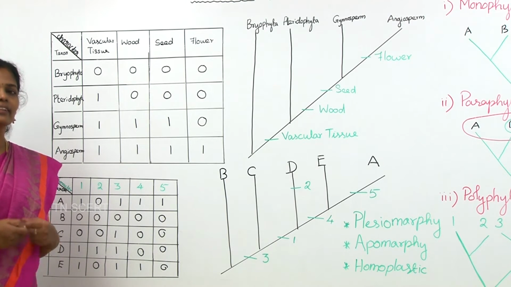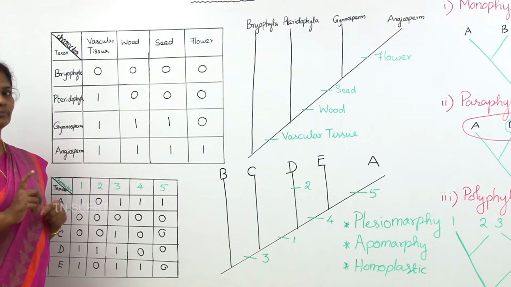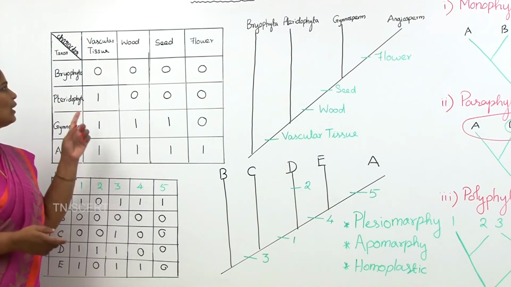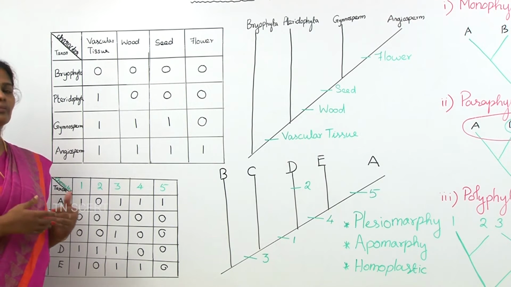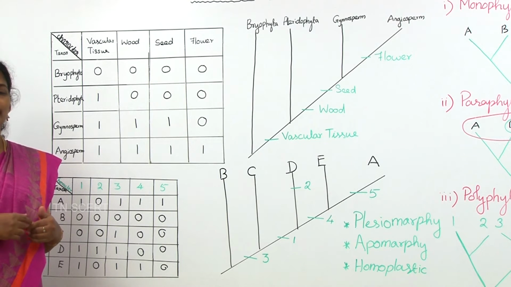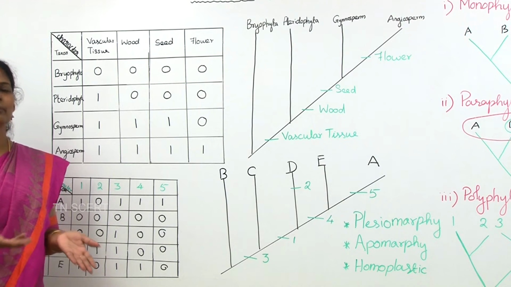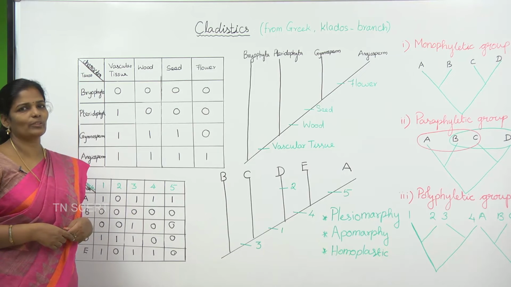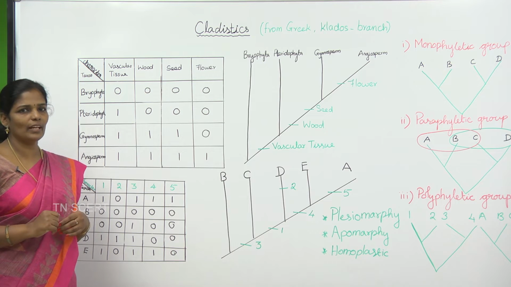If a character is present, we denote that as 1. If not, we denote it with 0. Instead of 0 and 1, we can also use plus and minus. Plus denotes the character which is present and minus denotes the absence of that particular character.